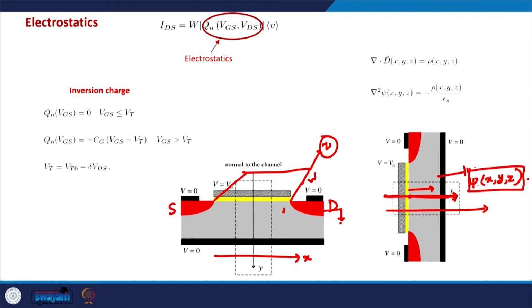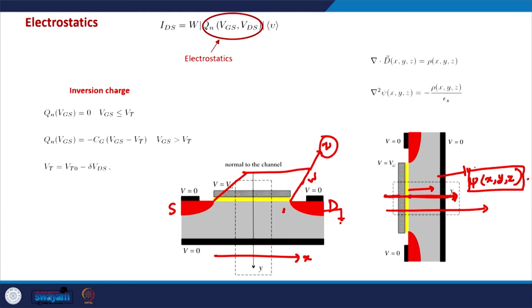Because of these, there might be a complicated potential profile in the semiconductor that we are interested in, because this potential will directly govern the charge in the semiconductor. So in a way this is an extremely important quantity in the MOSFET discussions, and it becomes one of the central points of discussion in the electrostatics of the MOSFET.